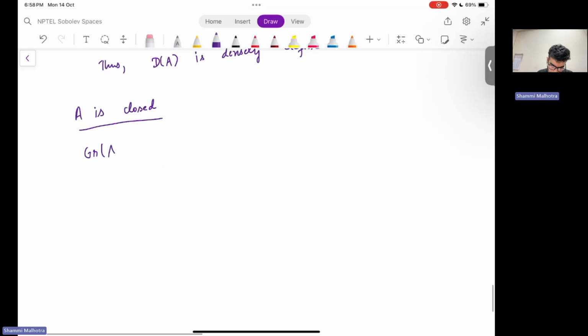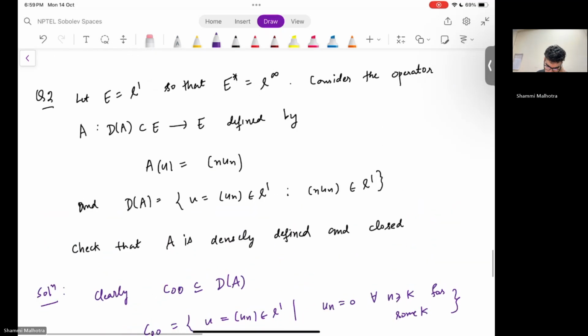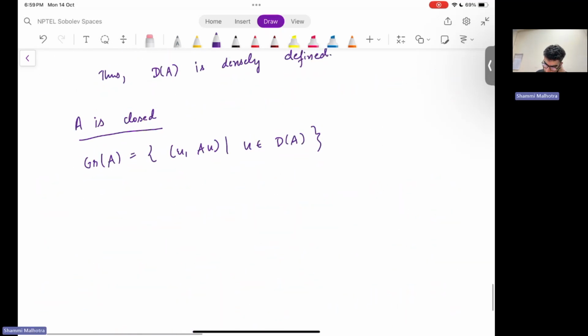The graph of A is nothing but the set of all those (u, Au) such that u belongs to D(A), and this is a subset of L1 cross L1.